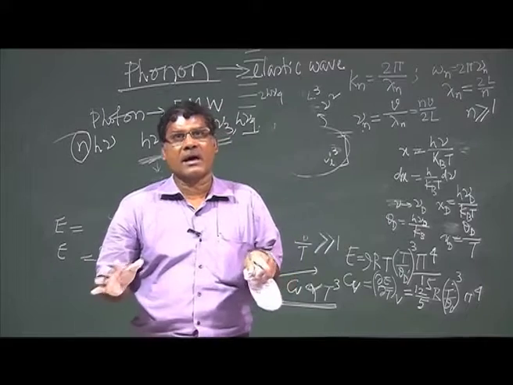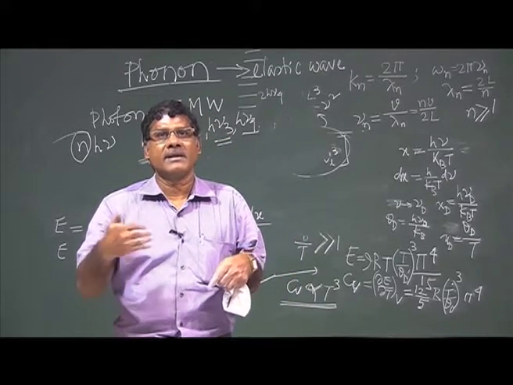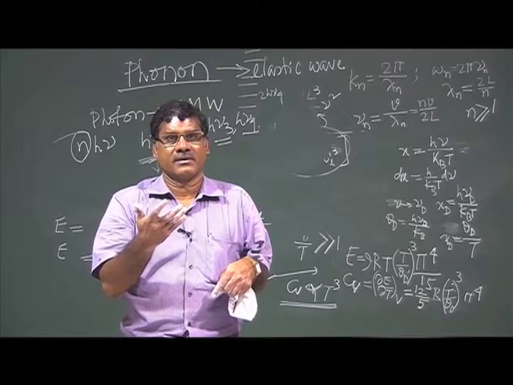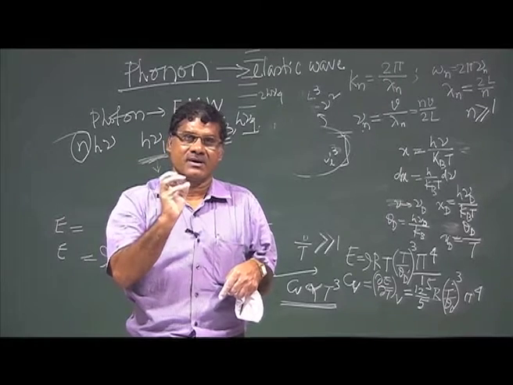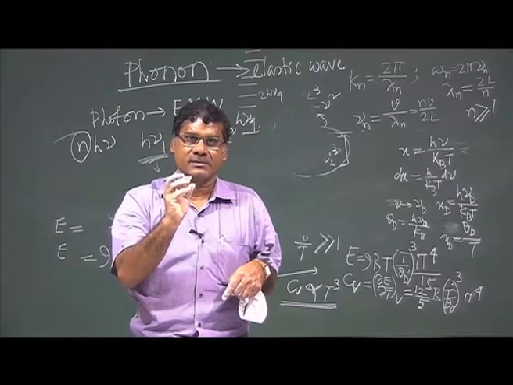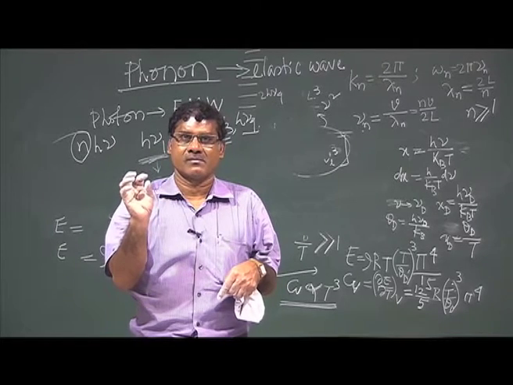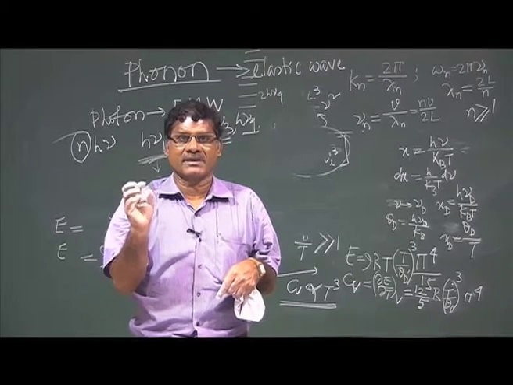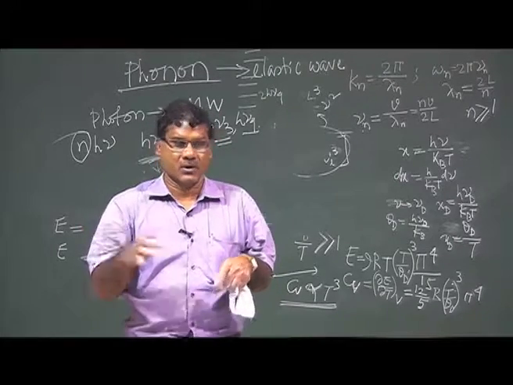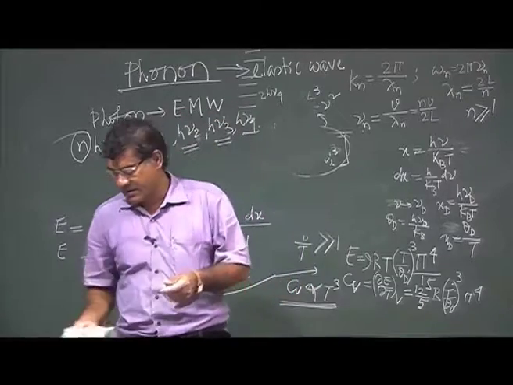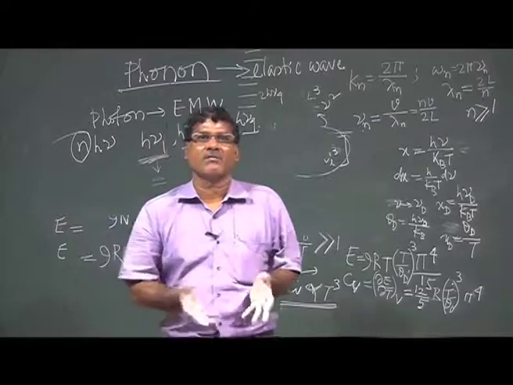But each phonon has a probability to go to any excited state, and that excited state is expressed in terms of some number, having the same quantization of the energy, either h nu 1 or h nu 2 or h nu 3, whatever. So, this lattice vibration is considered a system of phonons.